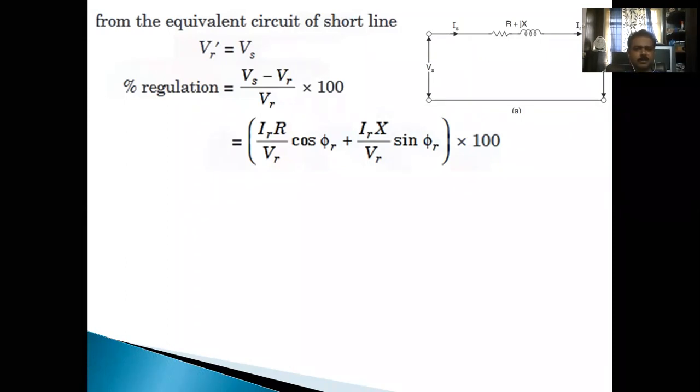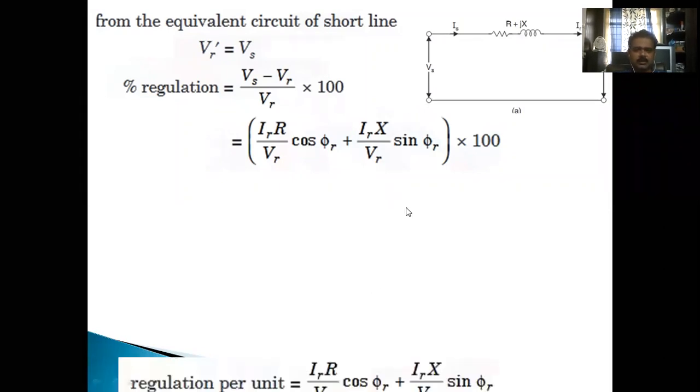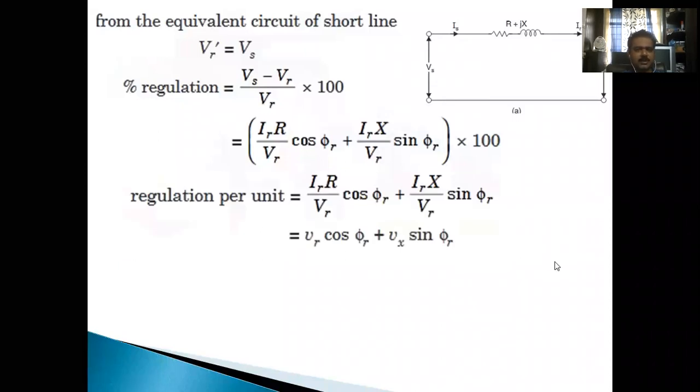Simply what I have obtained from the phasor diagram, I have substituted in the regulation formula, so I get the regulation of a short transmission line. Here this term we can also express in per unit values.